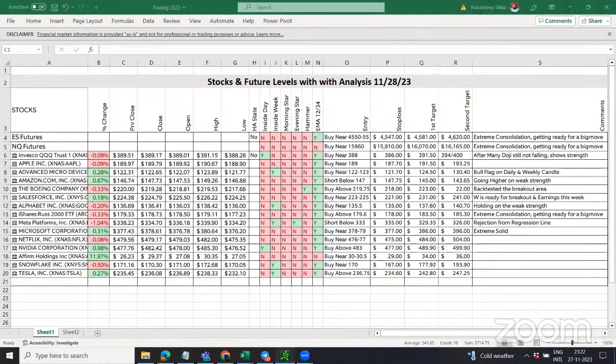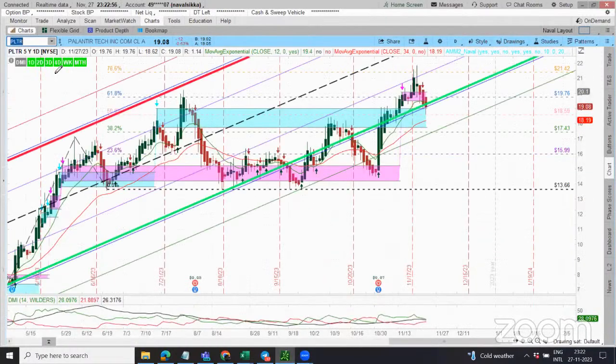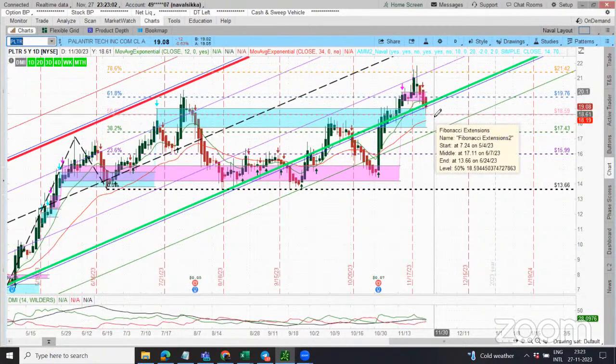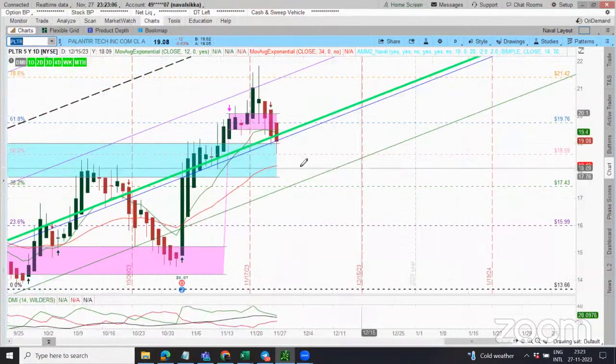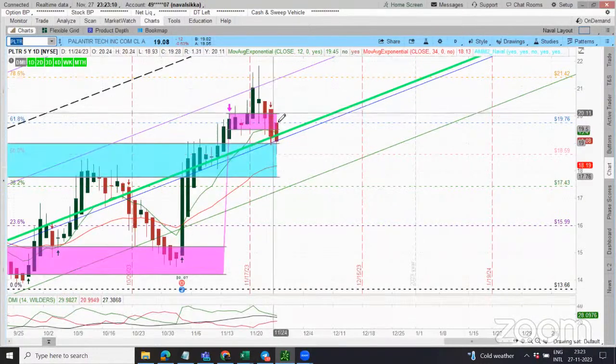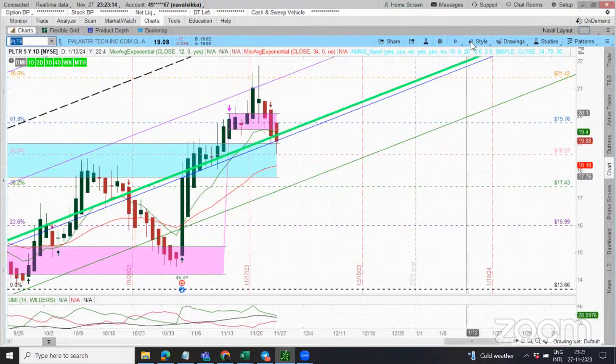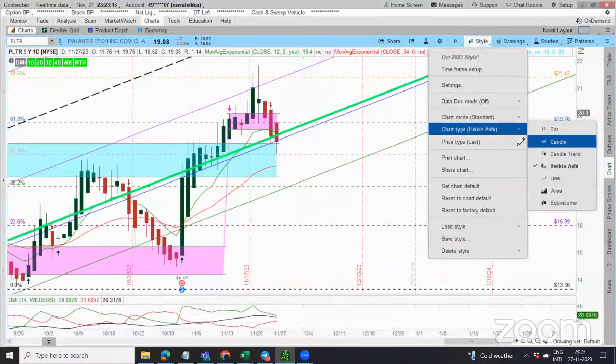PLTR, I think 20 was some rough area for it. Yep, it got rejected right from that 21 area. Losing 12, it almost came and hit. I don't see it, because it's getting rejected from the 61.8 Fibonacci, and it's a flat top. Let's see in the normal candle if it loses.